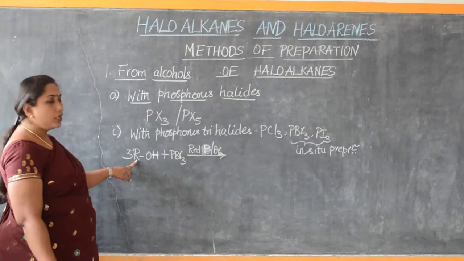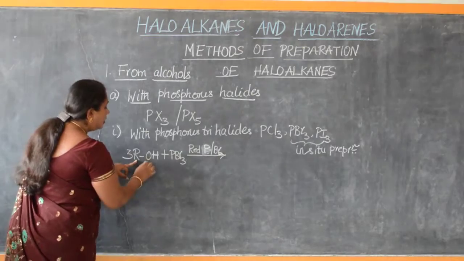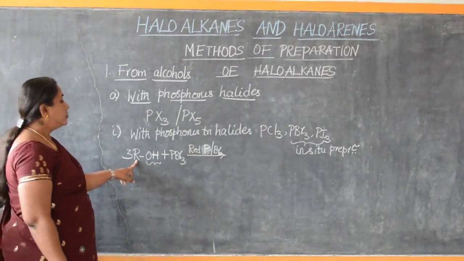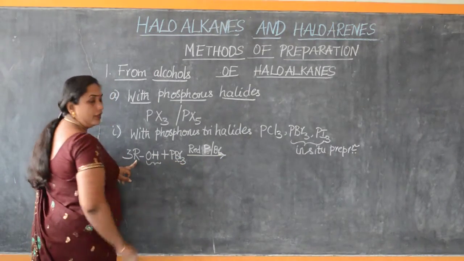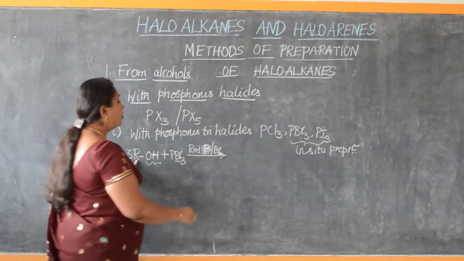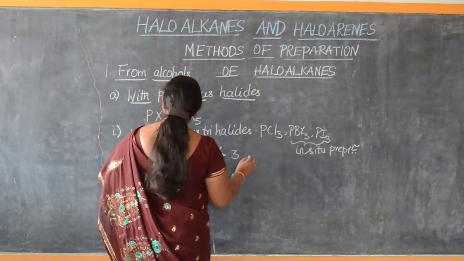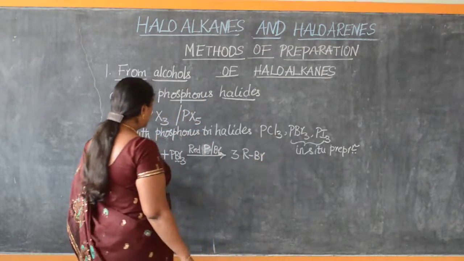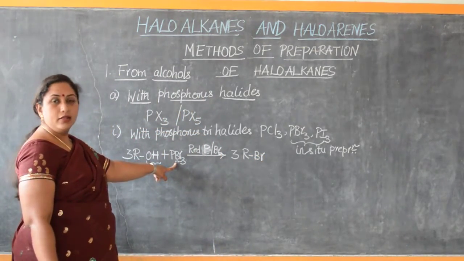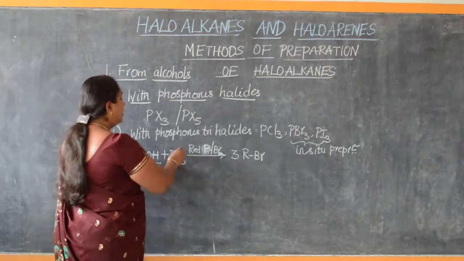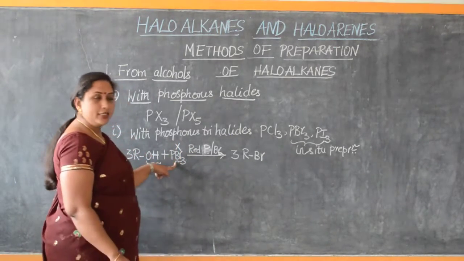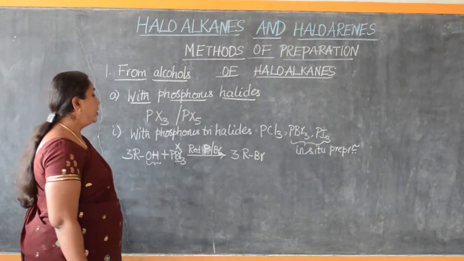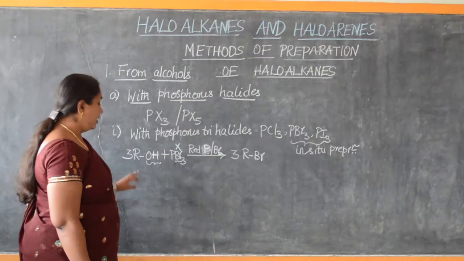In the 3 molecules of alcohol, the OH part, the nucleophilic part, is substituted by another nucleophile, namely Br. So therefore, we will end up in the formation of 3 RBr, because the X in this case is Br, or else you can simply write it as PX3, that would be the general equation.